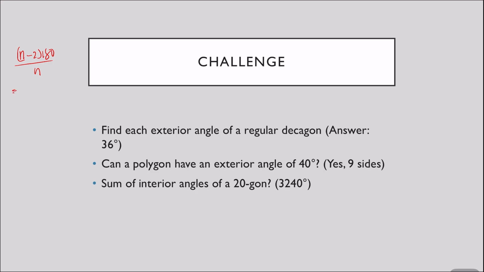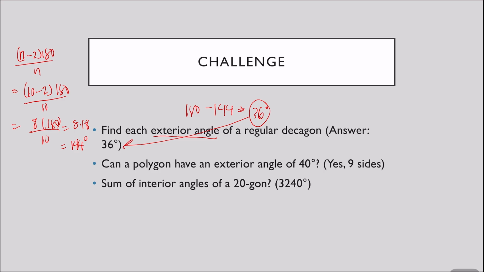So if it's a decagon, it's 10 minus 2 times 180 over 10. So that's 8 times 180 over 10. That becomes 8 times 18. So 8 times 18 is 160 minus 16, 144. So your interior angle is 144. Ang tinatanong exterior, so 180 minus 144 is equal to 36 degrees. Same with the answer.